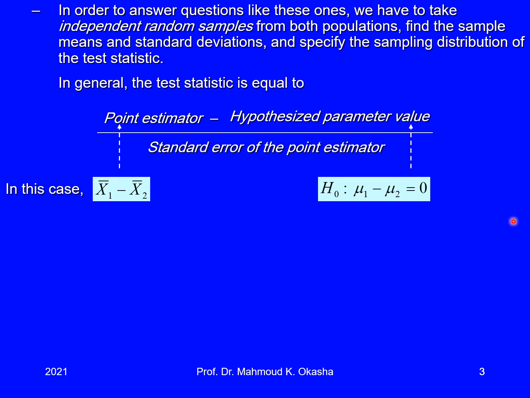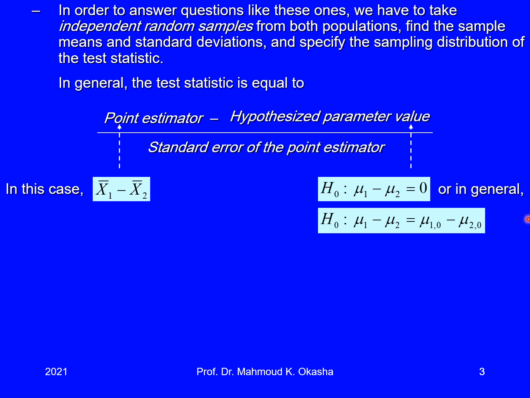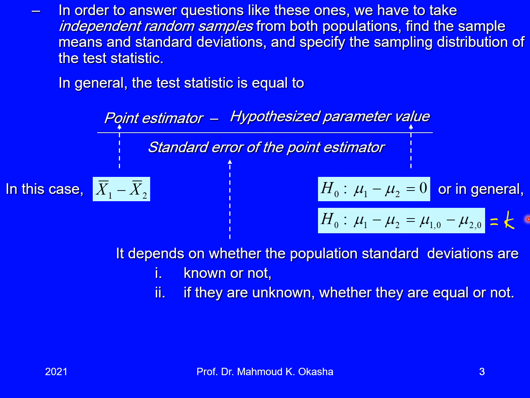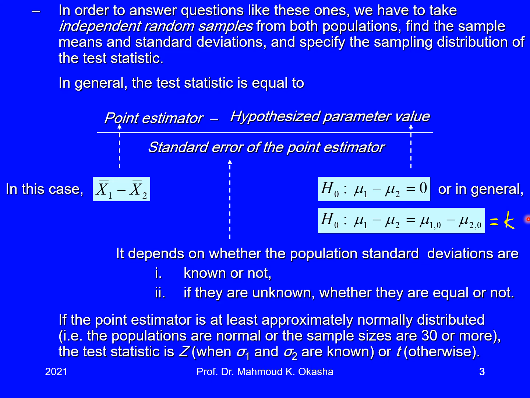So we want to set up the null hypothesis, which is mu1 minus mu2 equals 0, against any of these alternatives, either mu1 minus mu2 does not equal 0 or whatever. Right?